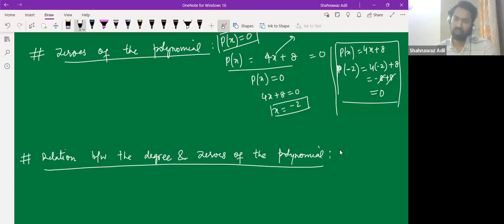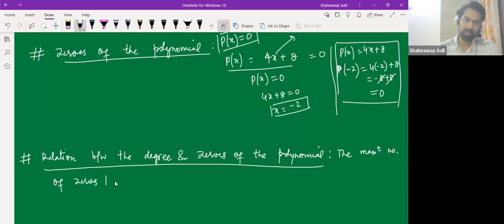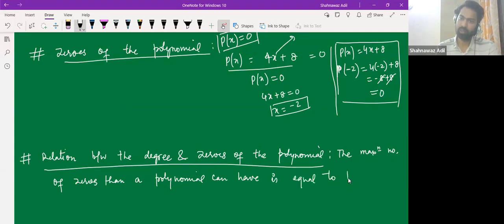The maximum number of zeros that a polynomial can have is equal to the degree of the polynomial.